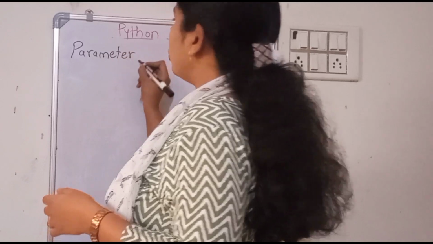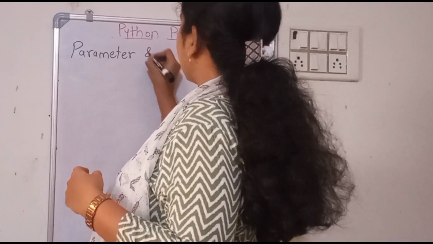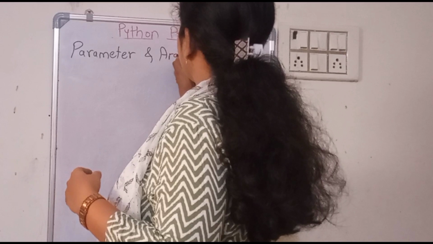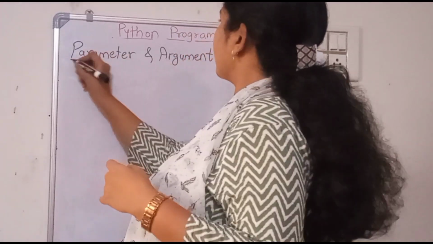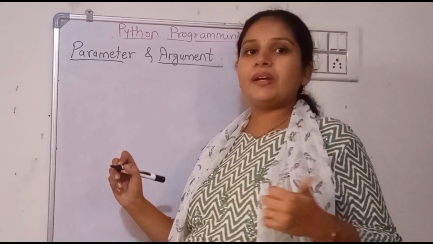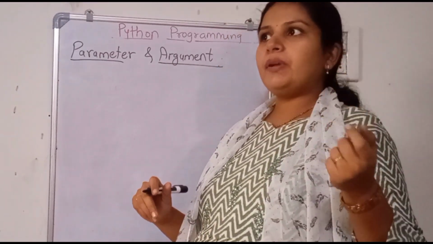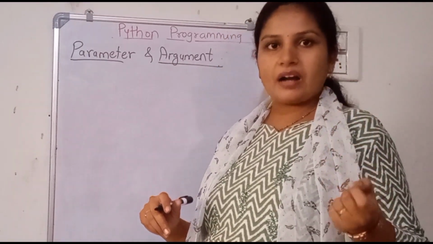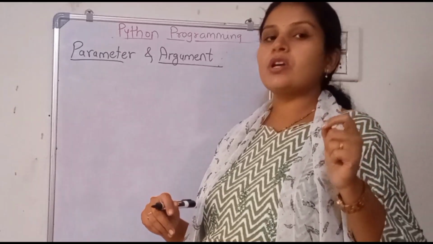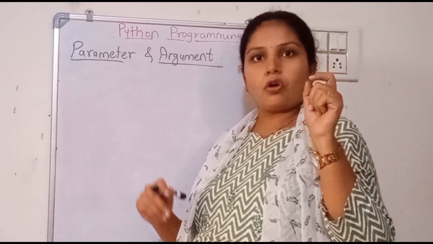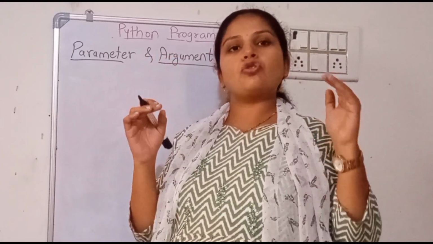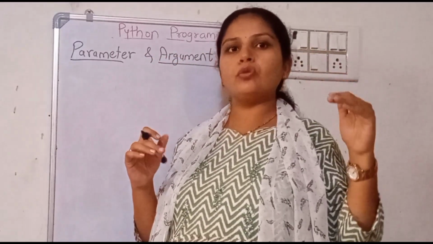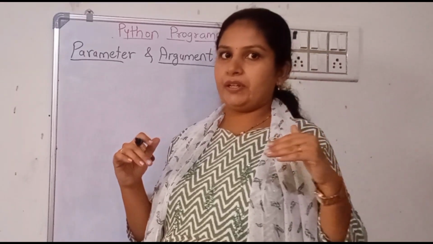Whenever you are using the function, you will get to know two terms, which are parameter and argument. Parameters or arguments are the names or values which you are setting inside the function brackets. Whenever you need to pass a value, you can use those parameters.